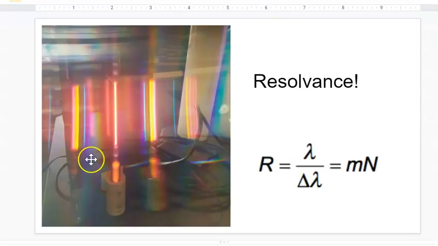Maybe this is 551 and this is 552, then delta lambda would be just 1 nanometer, because that's 550 nanometers. And then for lambda, you just use the average of the two numbers, so it doesn't really matter that much. Okay, so that's what we're looking at.